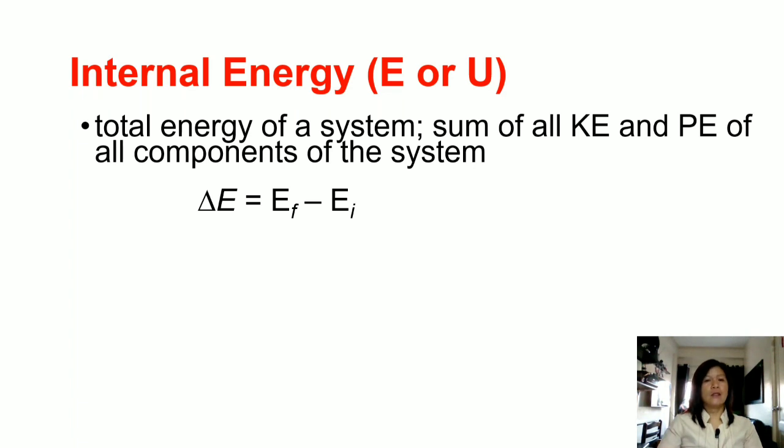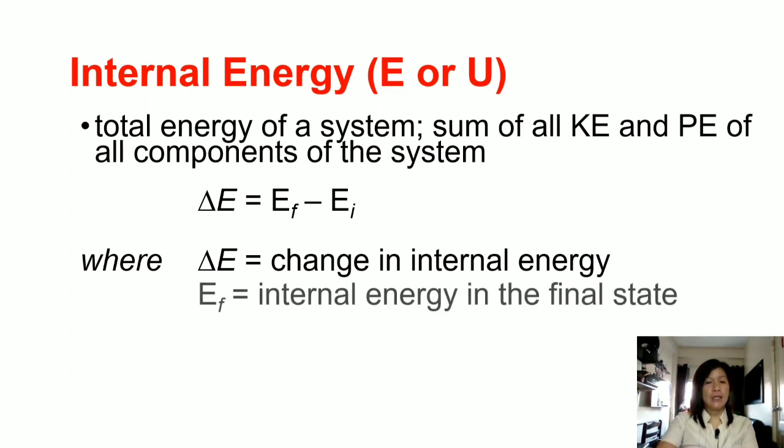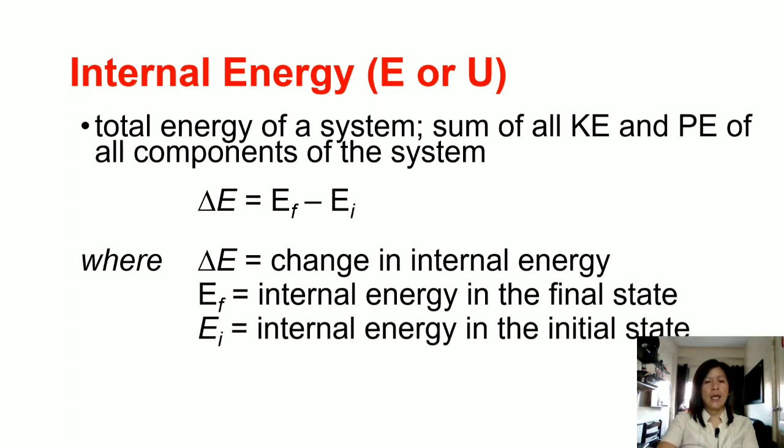To get the change in the internal energy, you subtract the initial internal energy from the final internal energy. Again, delta E means change in the internal energy. E sub F is the internal energy in the final state or condition, and E sub I is the internal energy in the initial state or condition.